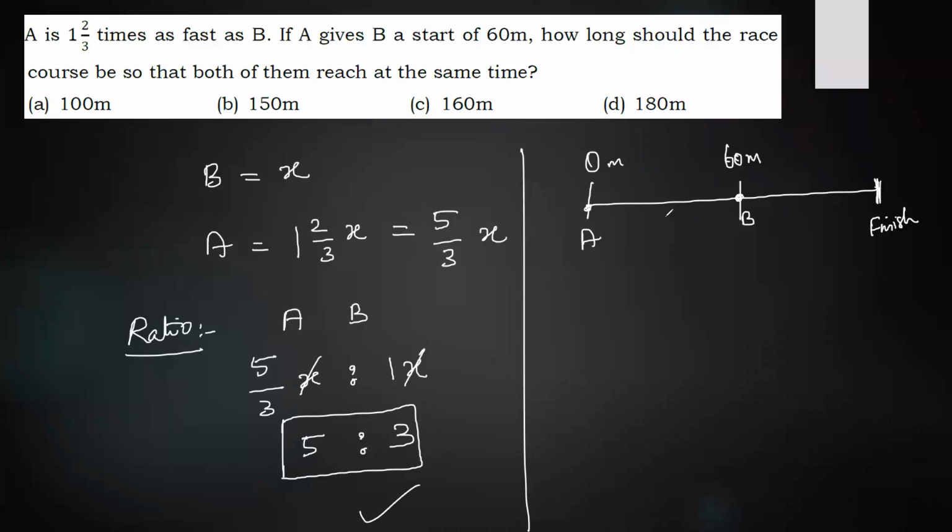B will be at the 60th meter and A will be at 0 meter. This is the meaning of A gives B a start of 60 meter. Is it clear or not?